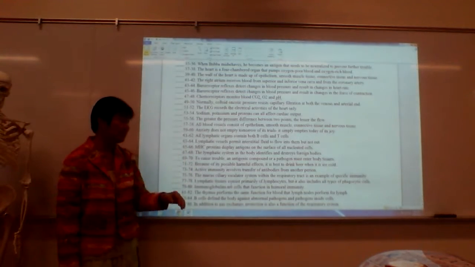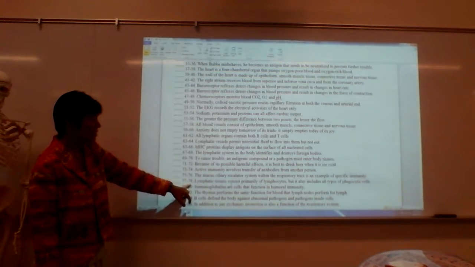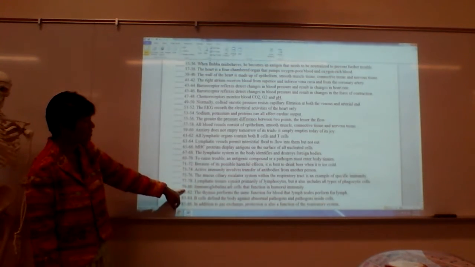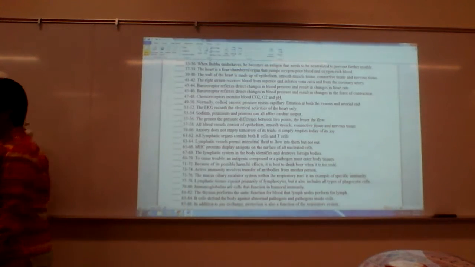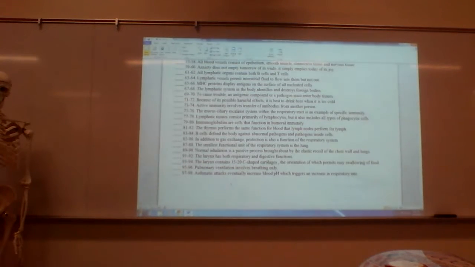It doesn't distinguish. Next, lymphatic tissue consists primarily of lymphocytes, but it also includes all types of phagocytic cells. So true or false? True. Yes, right. Lymphatic tissue is immune tissue. Next, here.